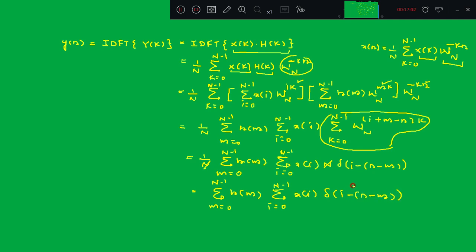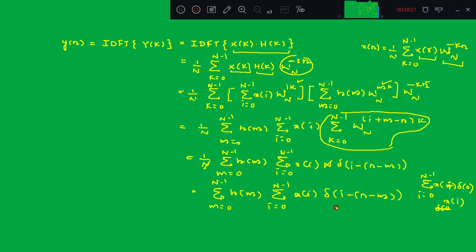And we know that whenever there is a summation i equal to 0 to N minus 1 of x of i multiplied by the impulse function at origin, that is n equal to 0, multiplied by any sequence, you will get the same sequence x of i, right?